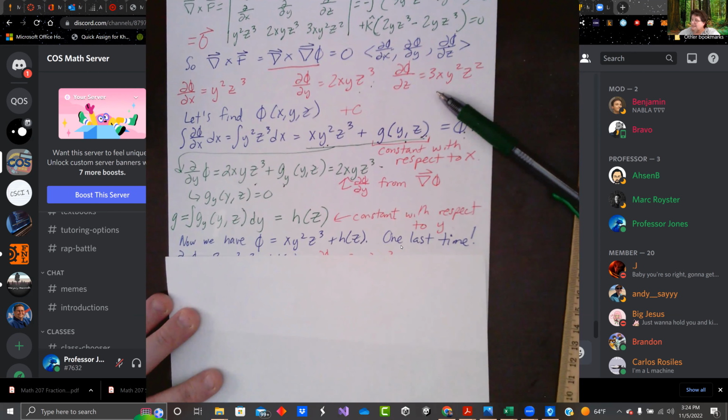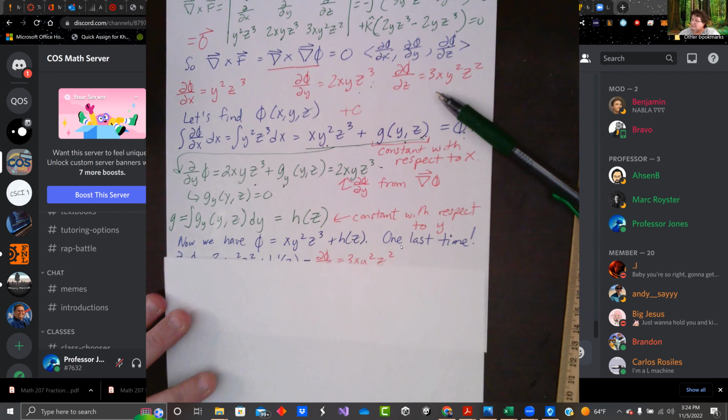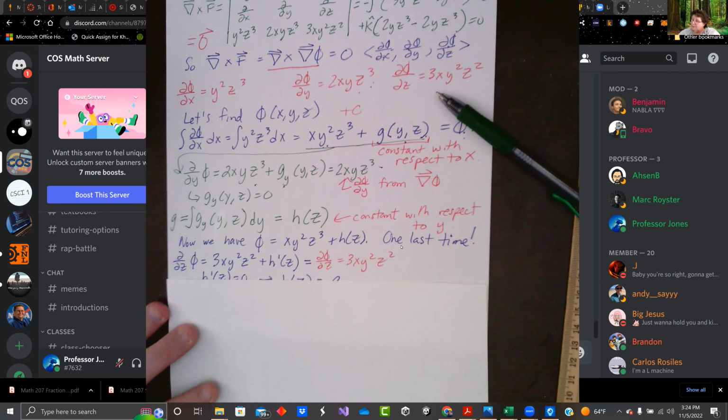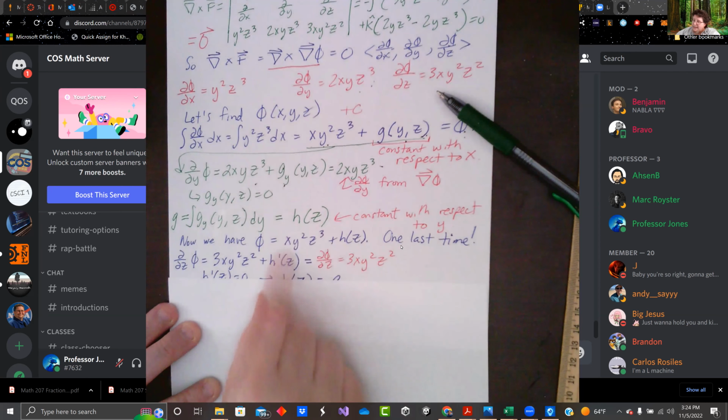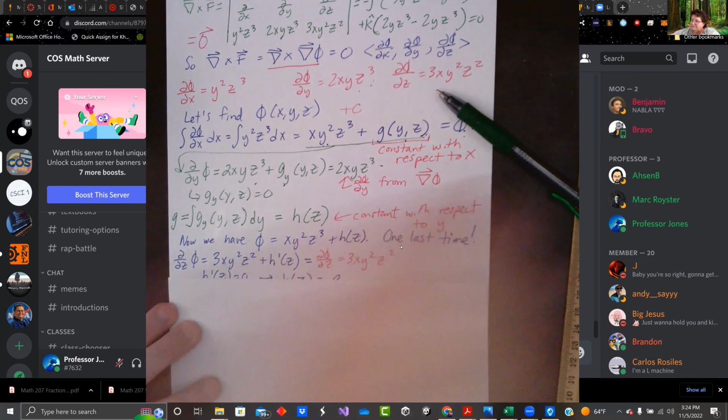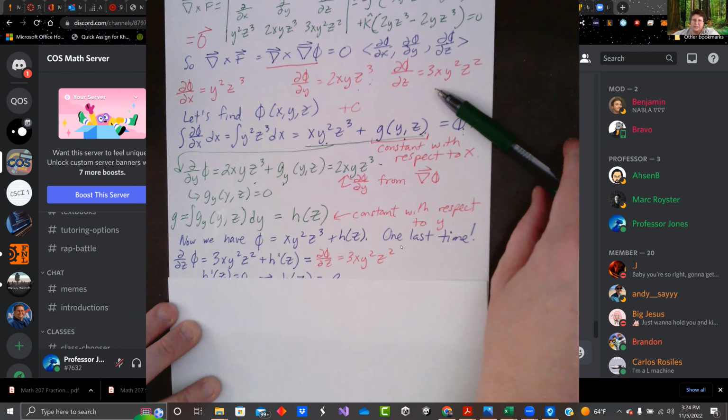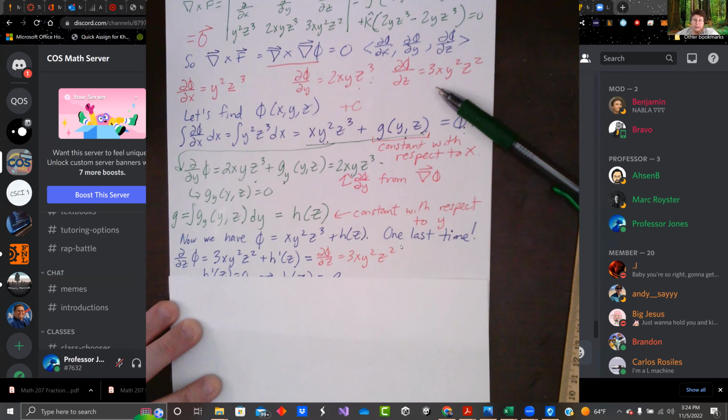Okay, so this is a three-step process. I take the derivative of it. We bring the 3 down. I've got 3xy squared z squared, plus, now I can just do a regular derivative, h prime of z, because it's only one variable. That should equal the d phi dz we have up here, which is 3xy squared z squared.